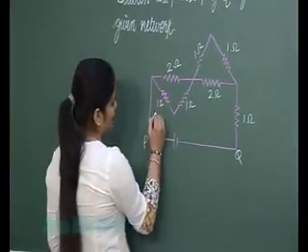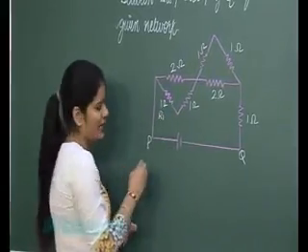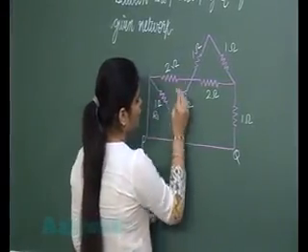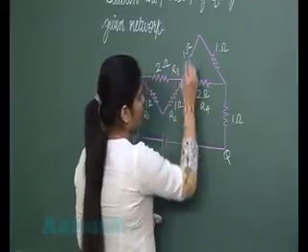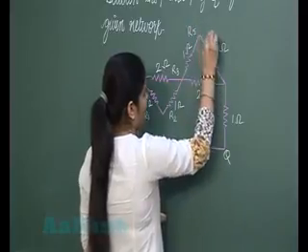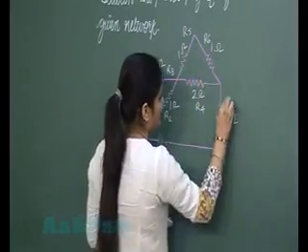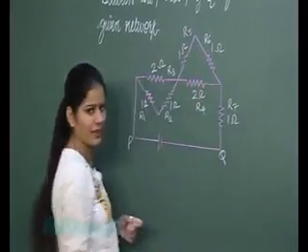Student, let's name these resistances as R1, R2, R3, R4, R5, R6 and R7.